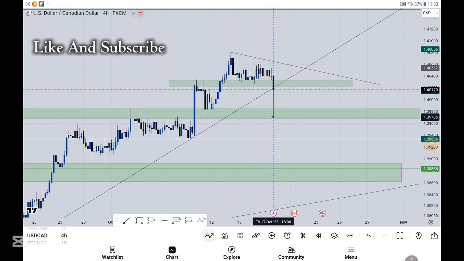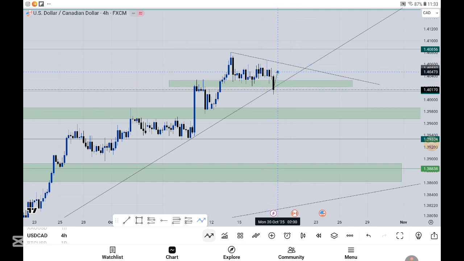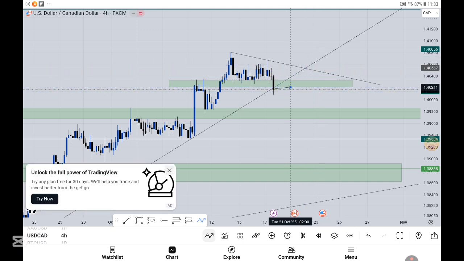So if the market comes here and breaks this level, continue holding your sells to the downside, right? But if the market comes here, does not break this level and gives you a reversal pattern, then you're going to draw a trend line here that the market is going to break, and continue buying the market to the upside. Also watch out for this level to be taken out and keep holding your buys.